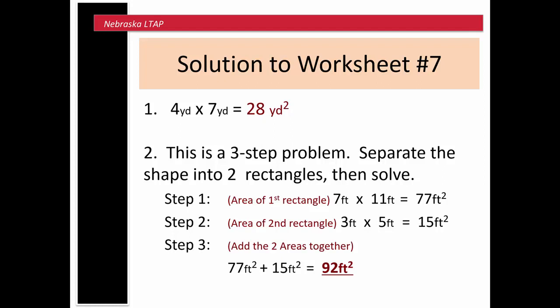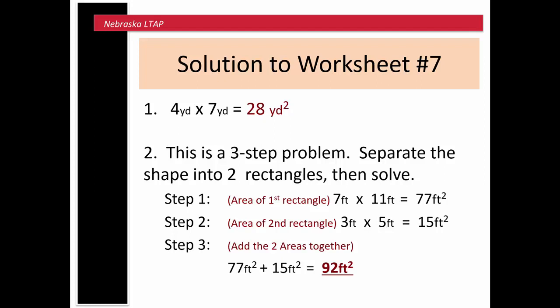The easiest way to do that is to look at that as two different rectangles and calculate the area of each one separately and then add those together. So I've done that here in 3 steps. Step 1, I computed the area of the first rectangle, which is the bottom one. 7 feet on the one side, 11 feet across the bottom. When I do that, that big chunk there is 77 square feet. That little piece on top there, then I have to figure out what the dimensions are.